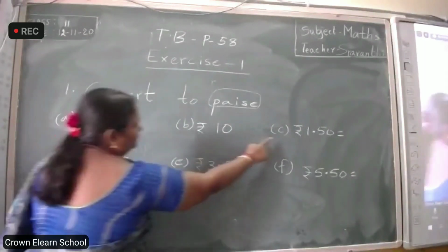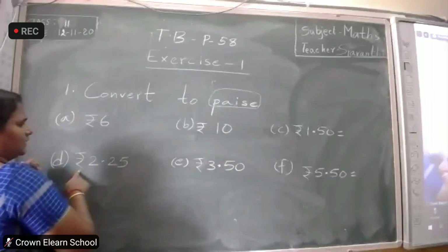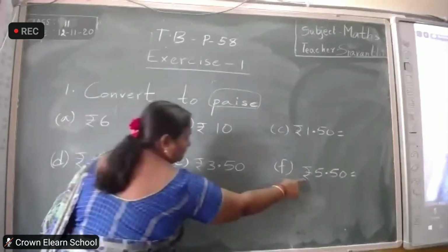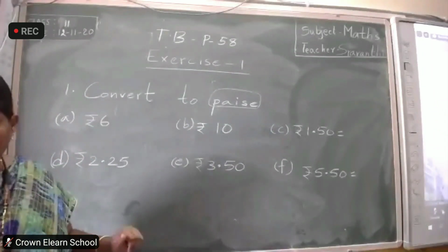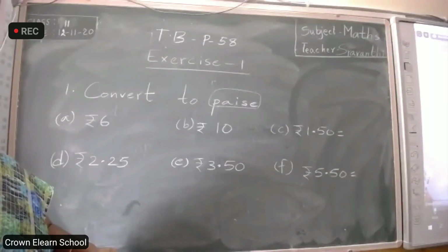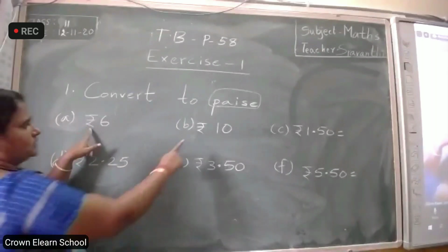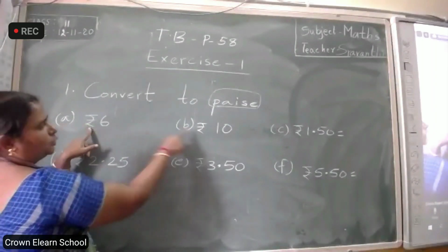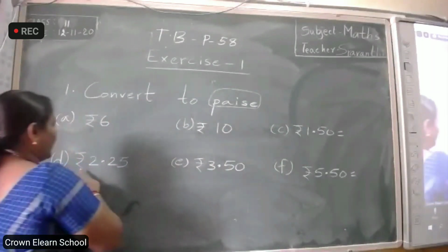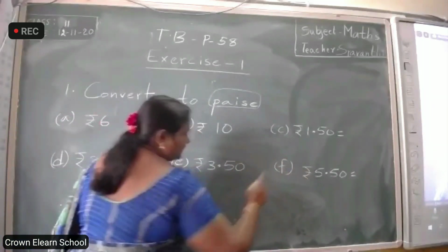Rupees are given. In the given sums, a rupee symbol is there. We have to convert into paise.